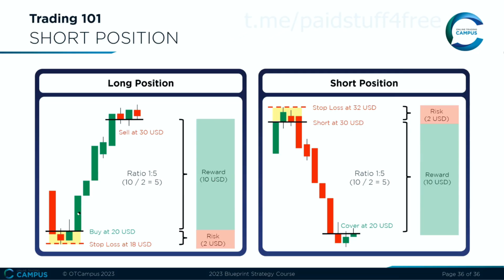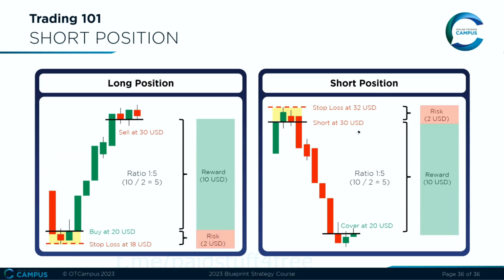This slide covers the risk to reward proposition and the ratios in terms of the red boxes versus the green boxes. The green boxes, the reward, needs to be bigger than the red boxes to have a bigger risk to reward ratio, right? The reward needs to outweigh the risk.